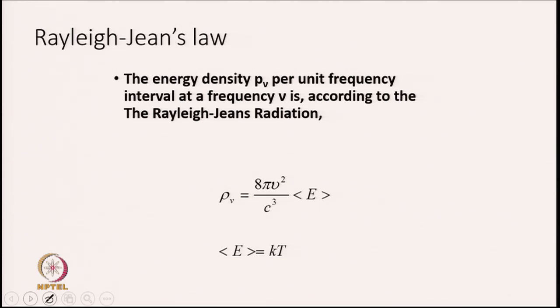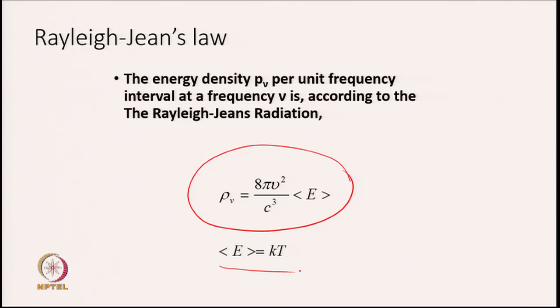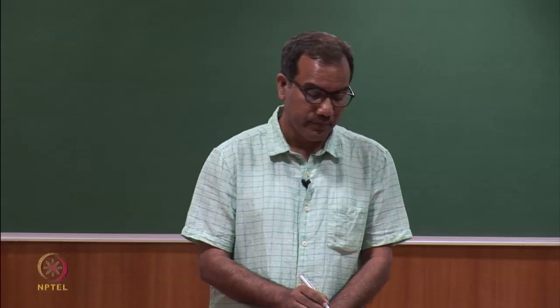They calculated the energy density per unit frequency, and according to this law, the energy density is given by 8 pi nu squared by c cubed times the average value of E. According to classical physics, this average value of E is equal to kT.